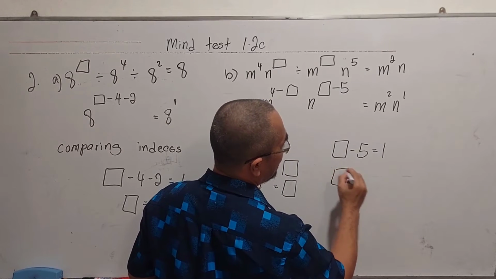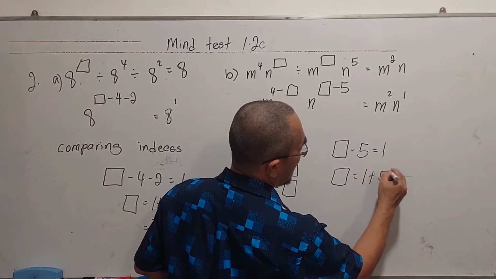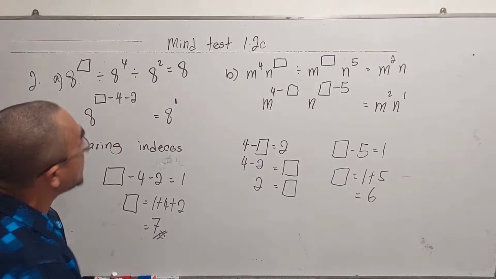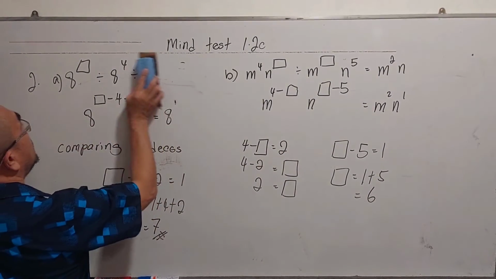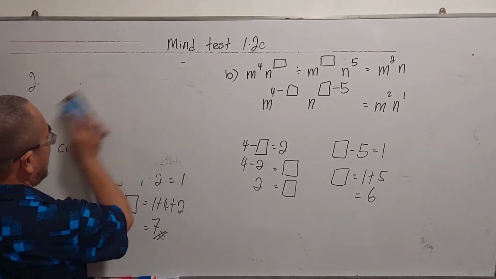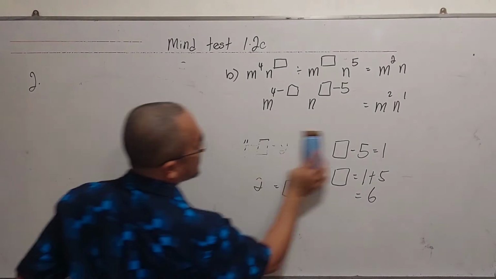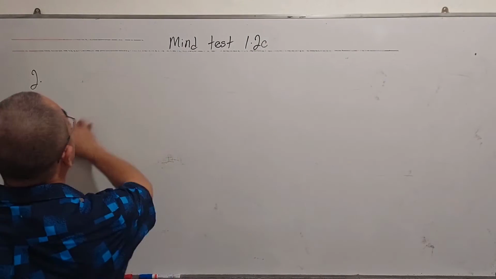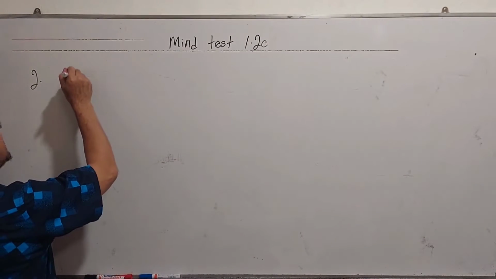So the value of the box here will be 1 plus 5, which is 6. Okay, we have C also.